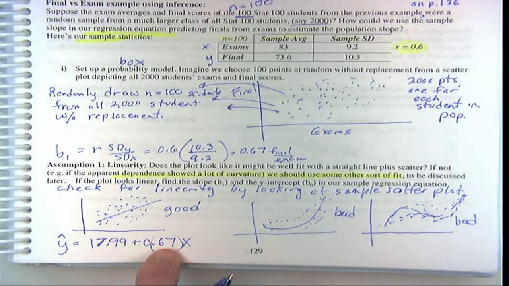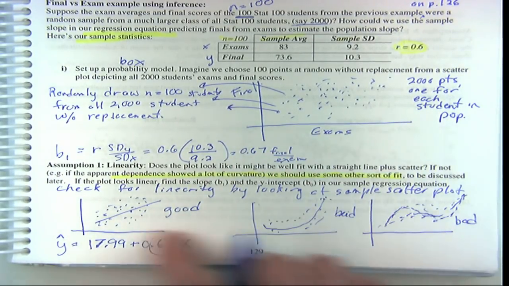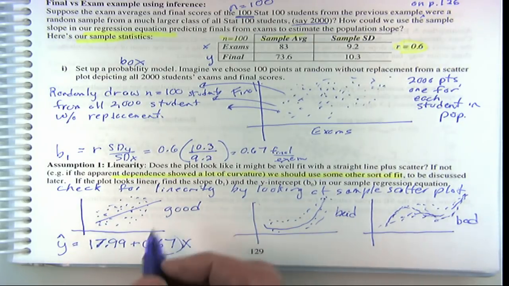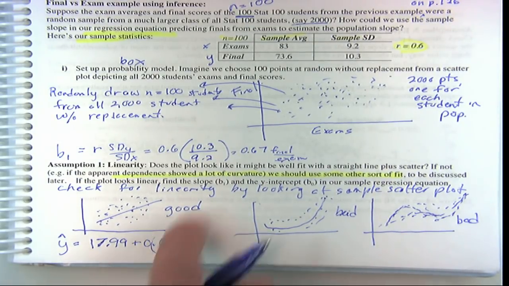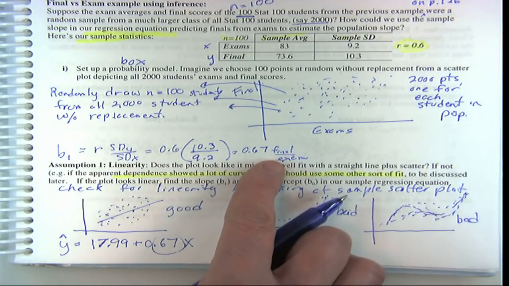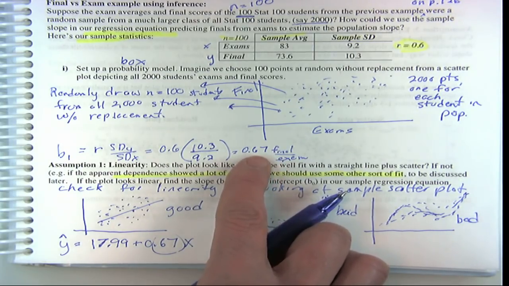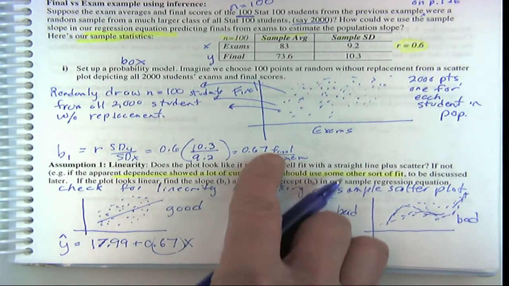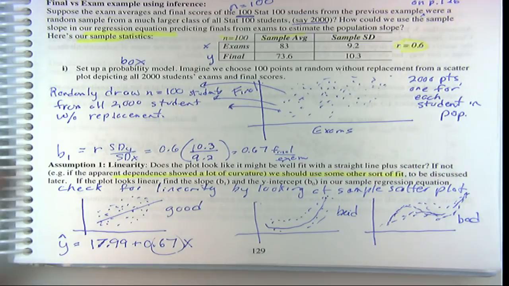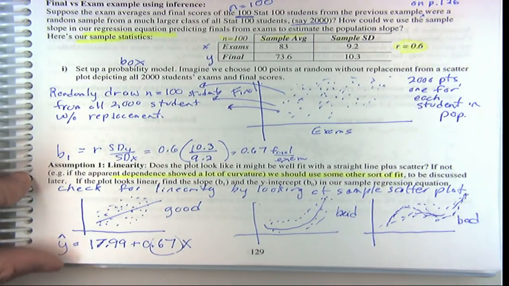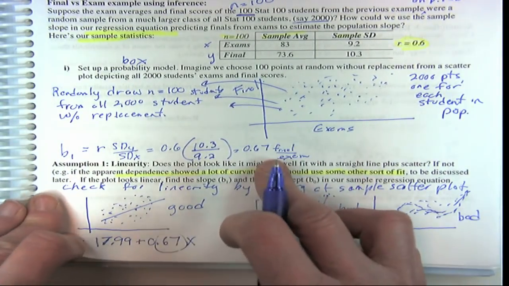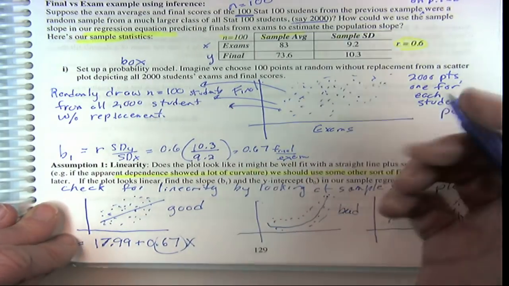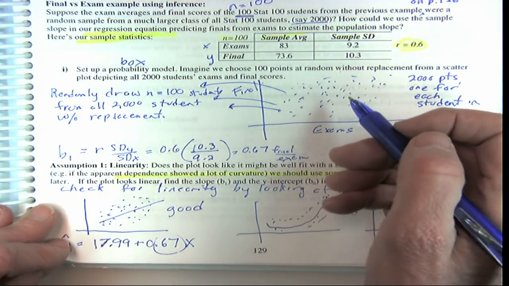What this positive slope means is that for each additional point you score on your midterms, your finals on average go up by 2/3 of a point. That's our best prediction. That's what that slope means. All right? So that's what we've done so far. Now, we look at this slope, and every time we take a sample, it's going to vary.